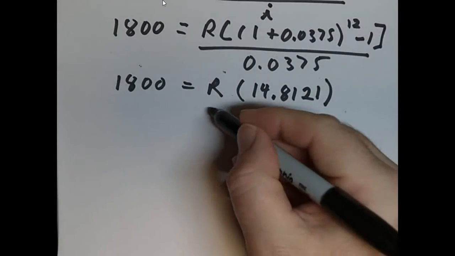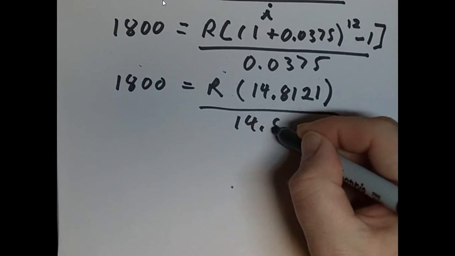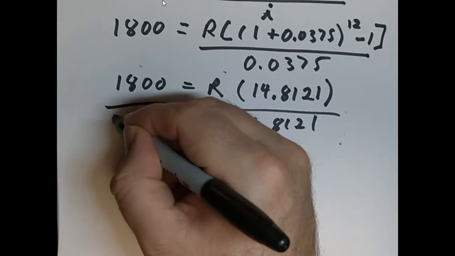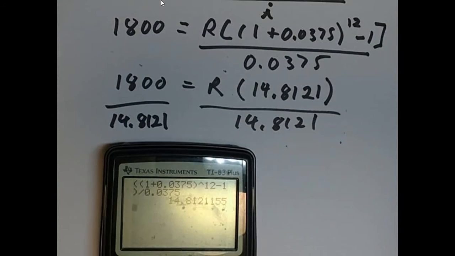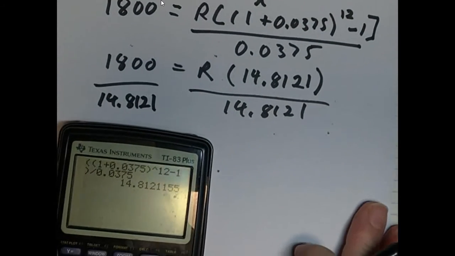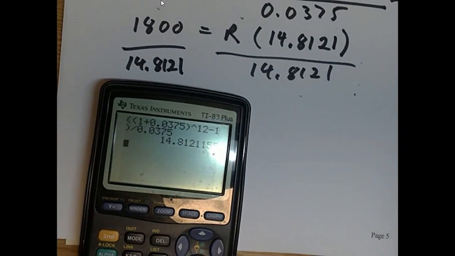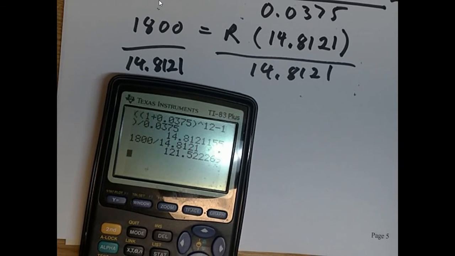Now we're going to divide both sides by 14.8121. So again, we'll go to our calculator. 1800 divided by 14.8121 is 121.52.